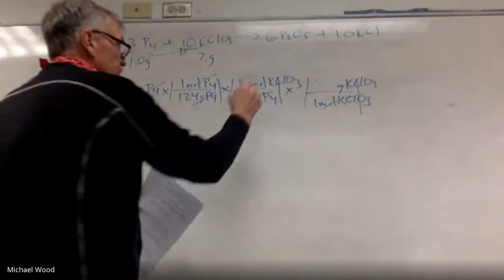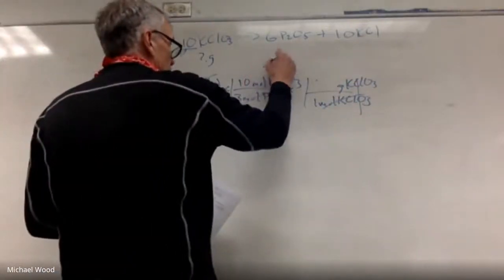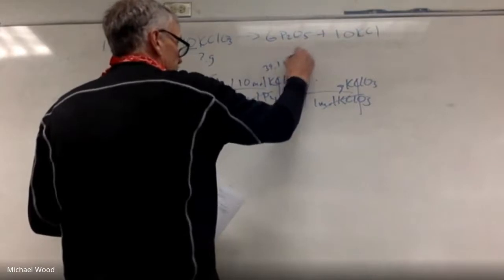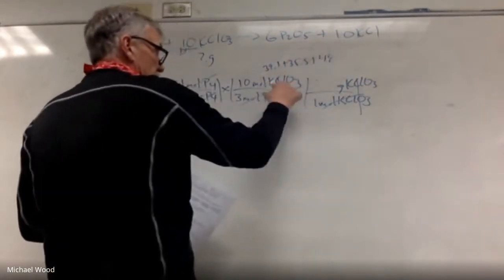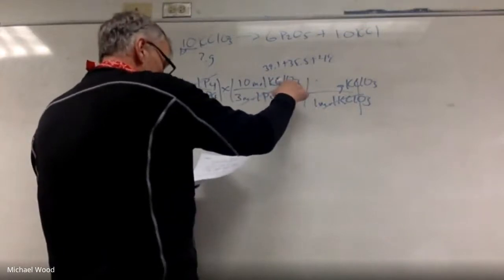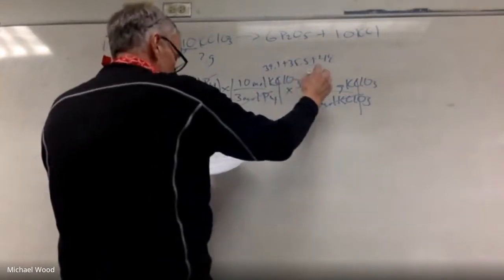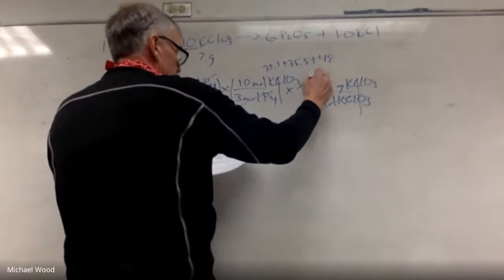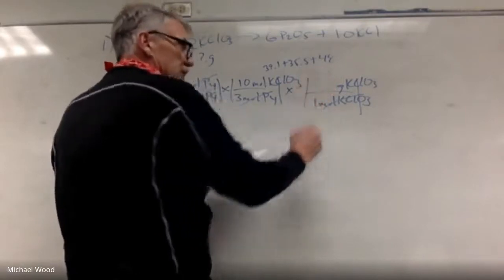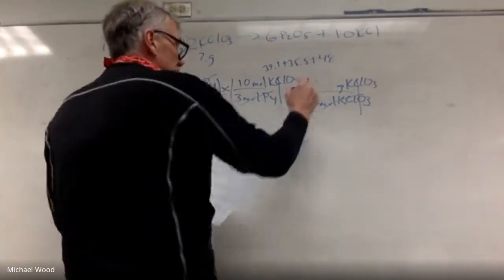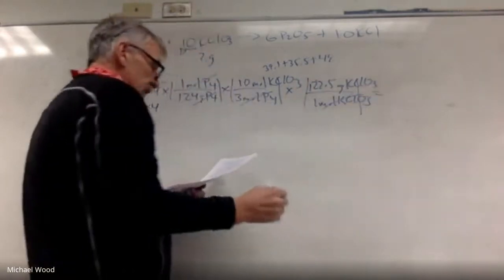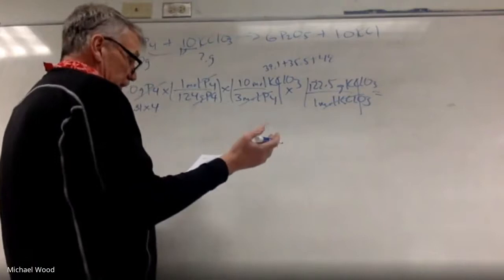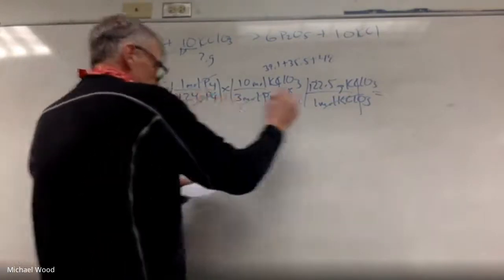If I do that, it's 39.1 plus 35.5 plus 48, so that's K, Cl and 3 O's. It should be 122.6. And that gives me, and really this should have been 2 sig figs, so 3.3.